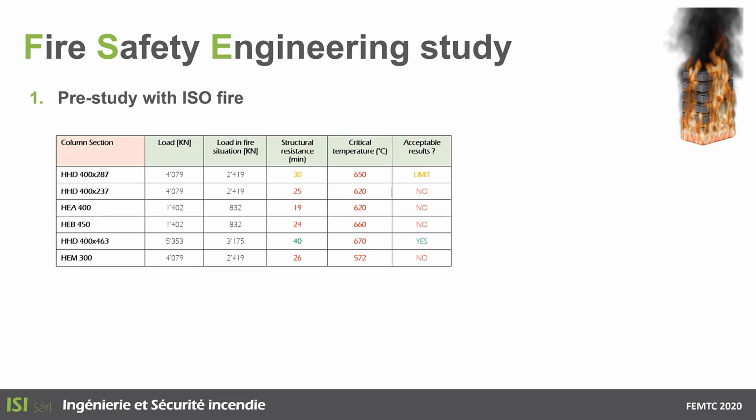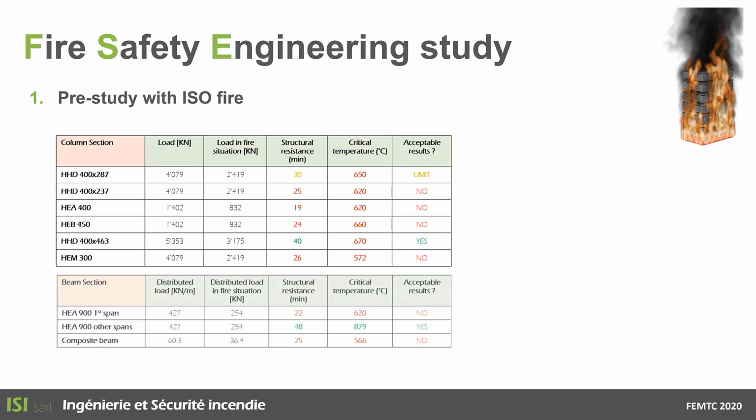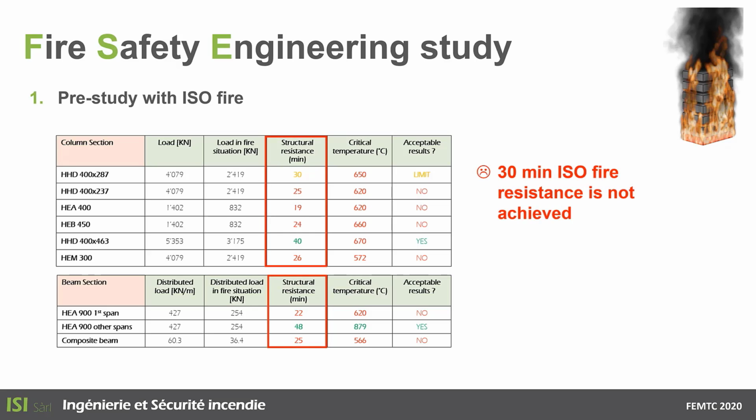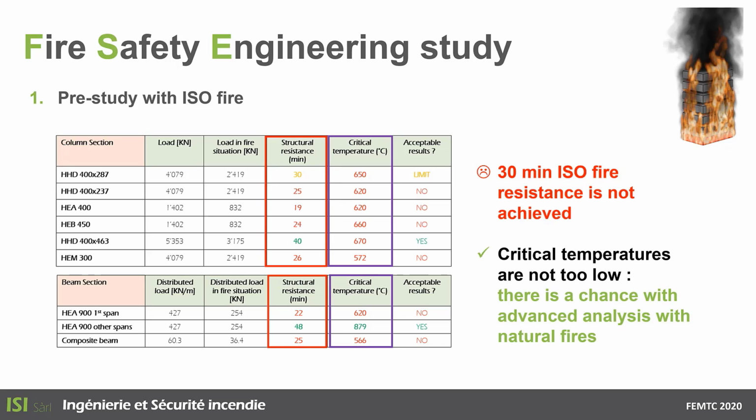In this step, we have checked all the columns and all the beams. The 30-minute ISO fire resistance is not achieved, as you can see, but we have found that the critical temperatures are not too low, so there is a chance with advanced analysis with natural fire where we can reach reasonable results.